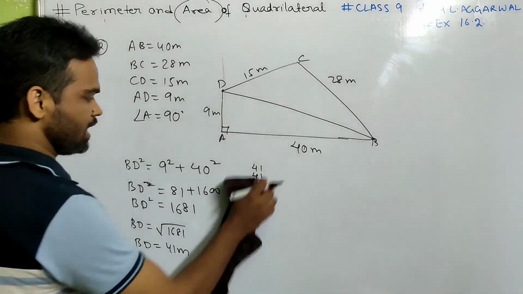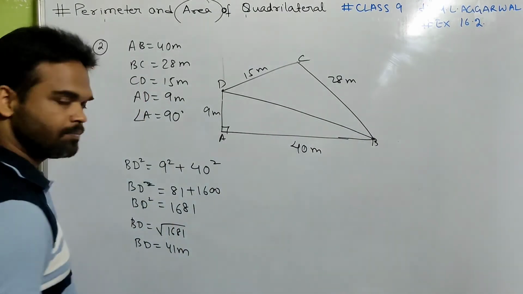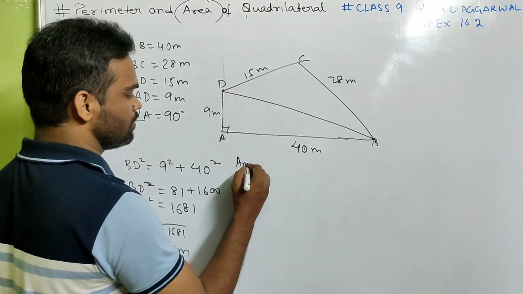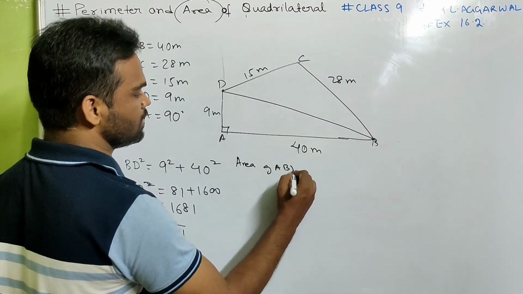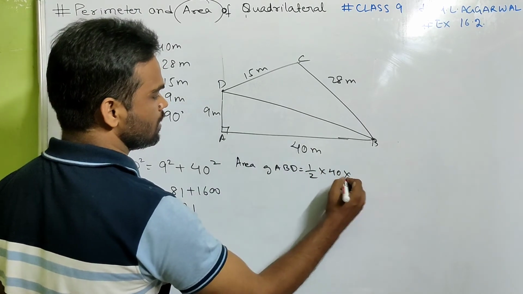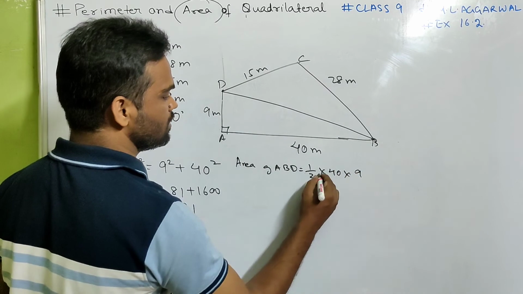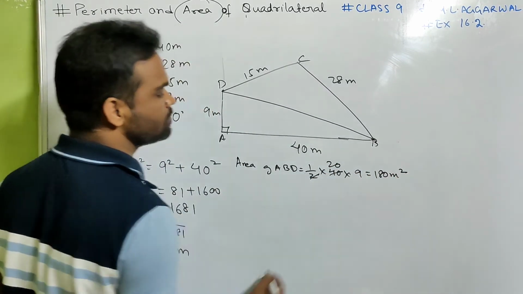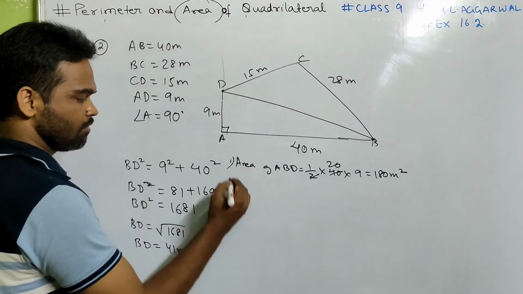Square root of 1681 is 41. Done. Now, area of ABD, that's half into base into height, which is 9. So that's 180 meter square. Done. Very easy.